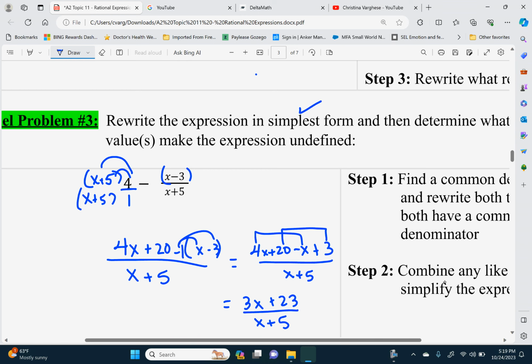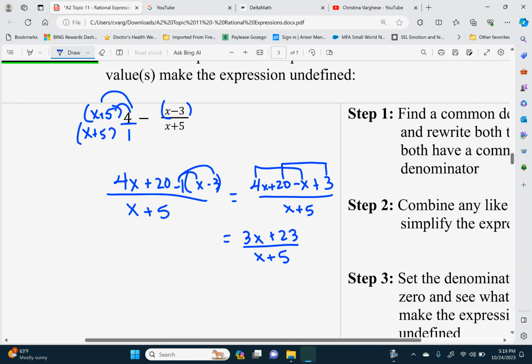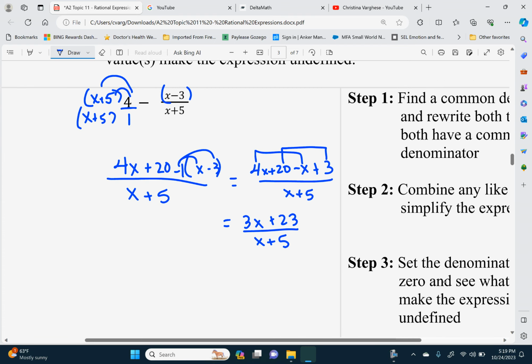So I rewrote it in simplest form, and then it says to determine what values make the expression undefined. Undefined just means we're going to take our denominator right here. So I'm just going to write this down, undefined. We're going to take our denominator, which is x plus 5, and we're going to set it equal to 0. This denominator can never be 0, and the reason why is because if you take your calculator and divide any number you want by 0, you're going to get undefined.